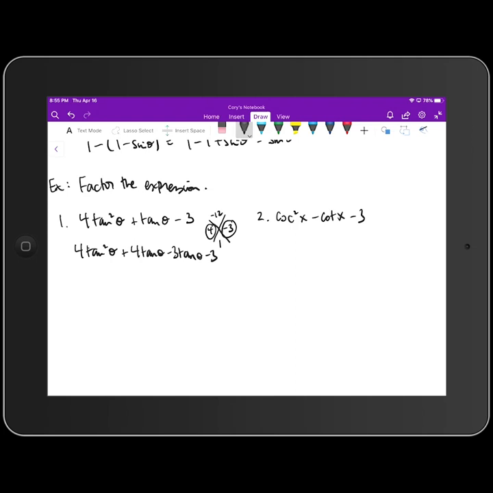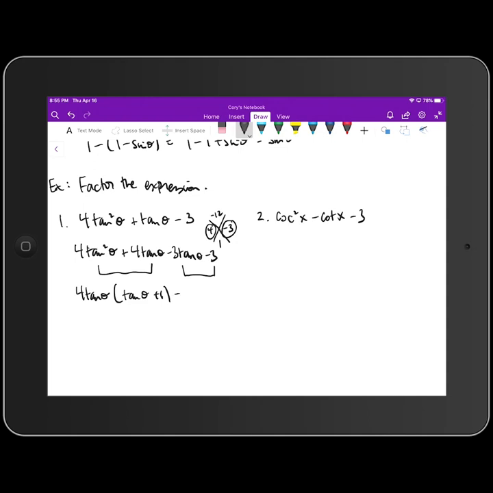Once I've broken this quadratic up into 4 terms, I can go ahead and factor the result by grouping. So when I look at the first two terms, I can factor out 4 times the tangent of theta, which leaves me with the tangent of theta plus 1. And then I need to factor something out of the last two terms, which leaves me with the same resulting factor, the tangent of theta plus 1.